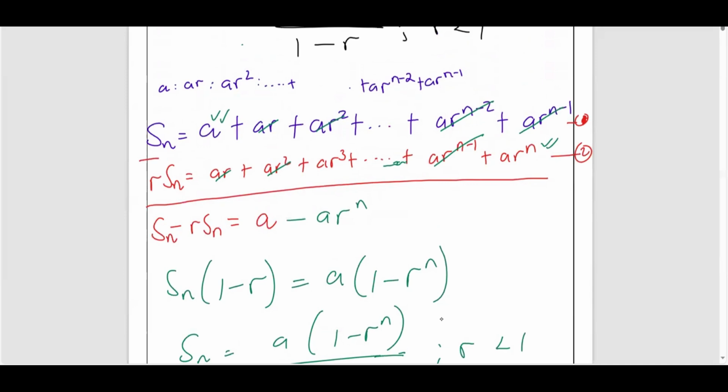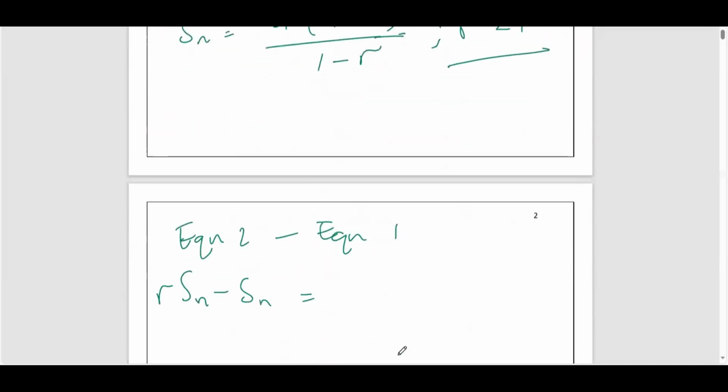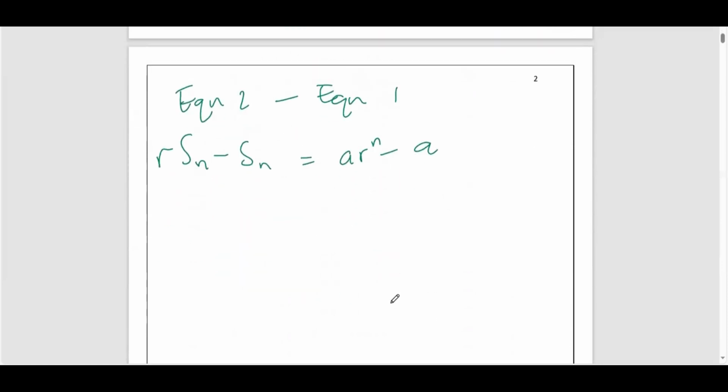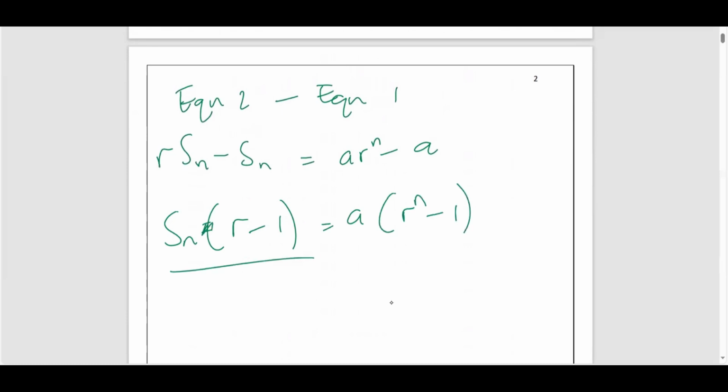If this equation is on top, then this ar^n is going to be positive, so I'll be left with ar^n − a. Then factorization: take out the Sn, I'll have (r − 1). On my right-hand side, I'll have a(r^n − 1). Then divide both sides by r − 1. So this cancels that, and the formula comes out the way it is.